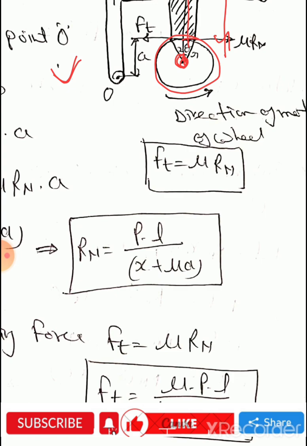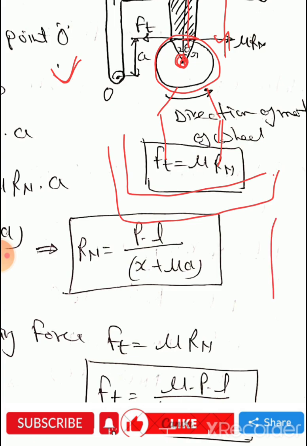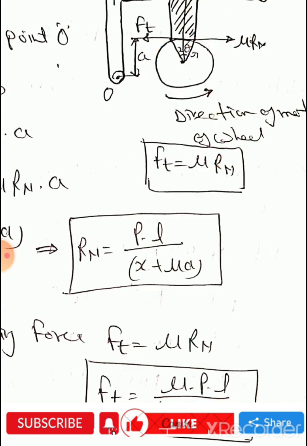In double block brake, we attach another shoe brake and lever. When we apply a downward force and here is an upward force, we can balance the bending in the wheel or shaft.